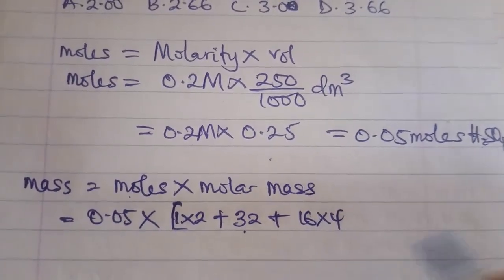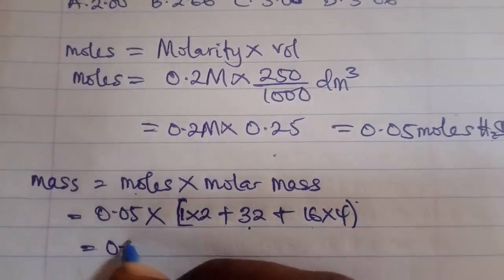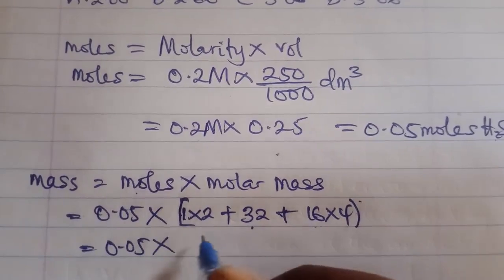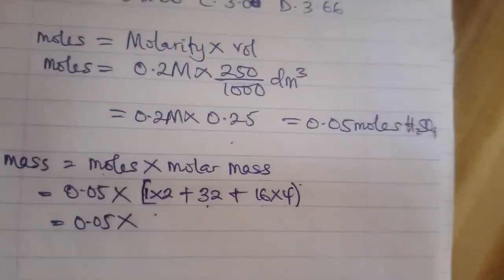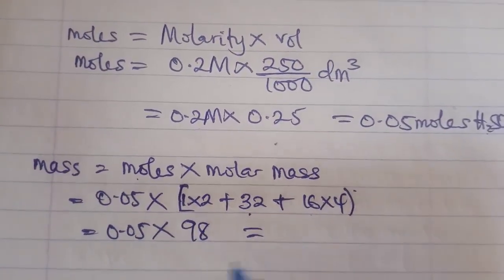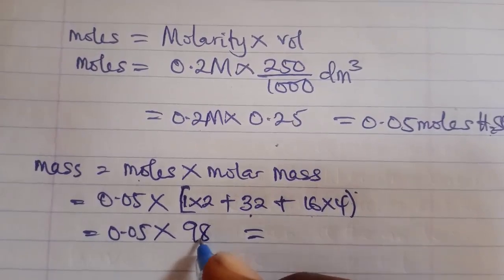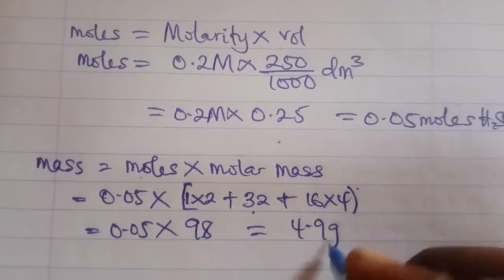Oxygen is 4, so 16 times 4. So what we're going to have is 0.05 times 98 gram per mole. So when we multiply that, the mass is 4.9 grams.